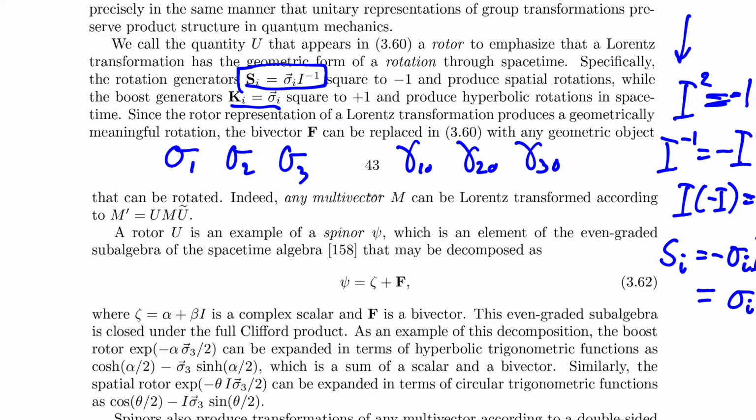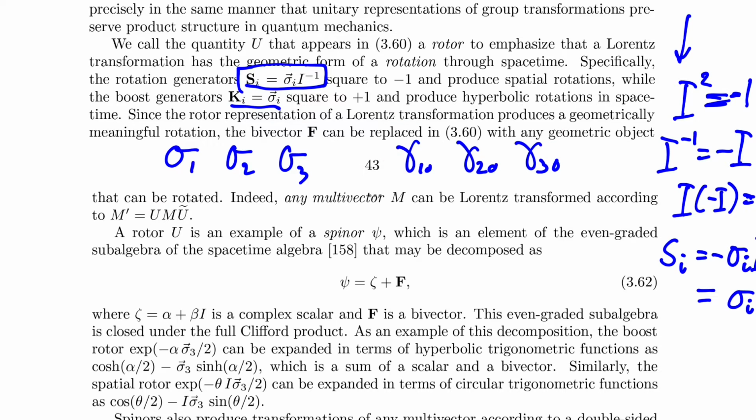So this is not something that you need to infer based on geometrically meaningful rotation. I don't think it's clear why, because this is a geometrically meaningful thing, therefore you can replace this with any multivector. Any geometric object can be rotated. That's like English, that's not math.